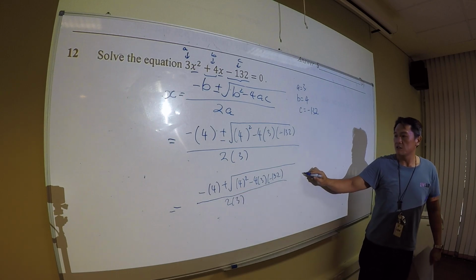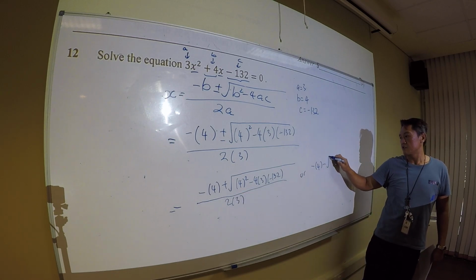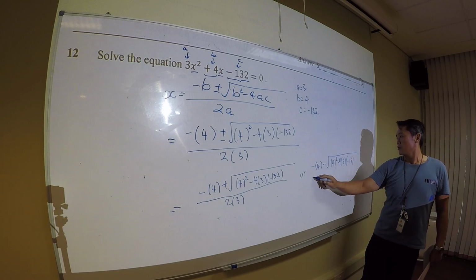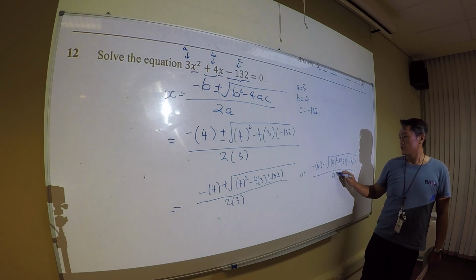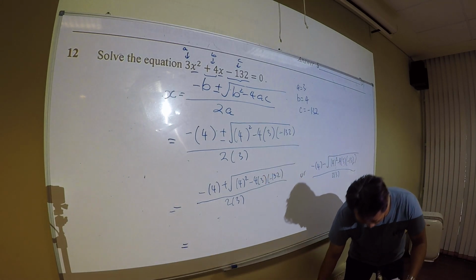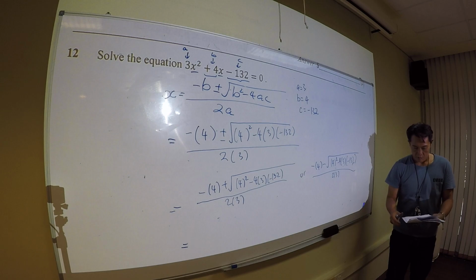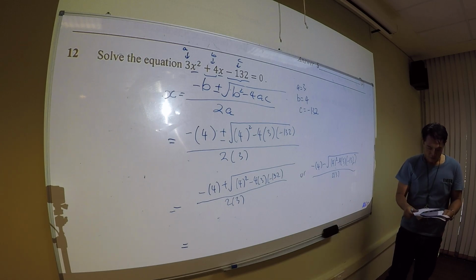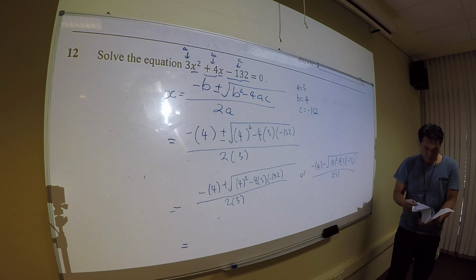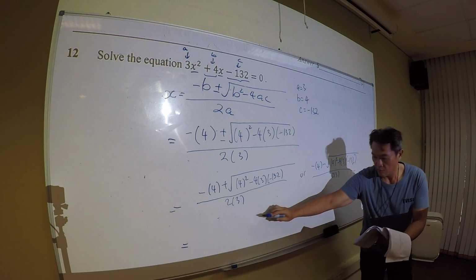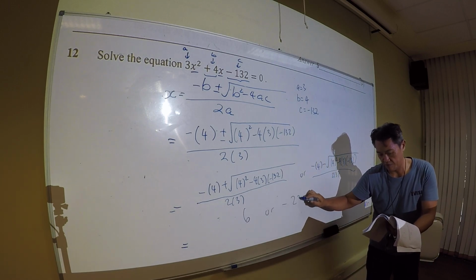So one time is plus, then the other time is minus. Or negative 20.